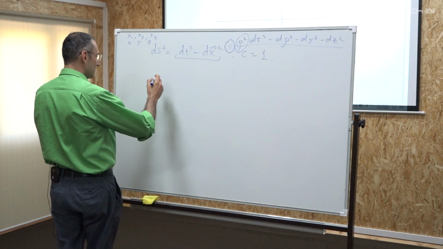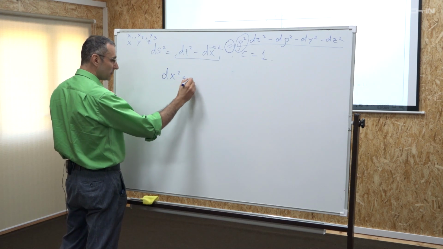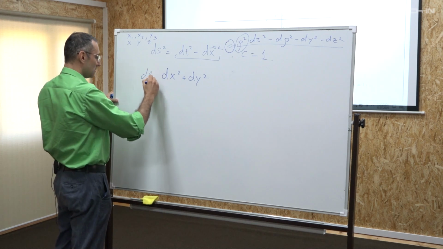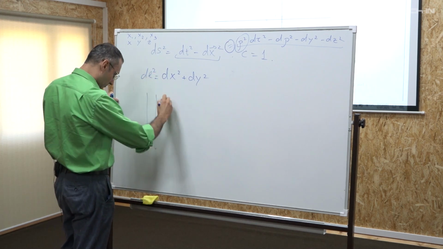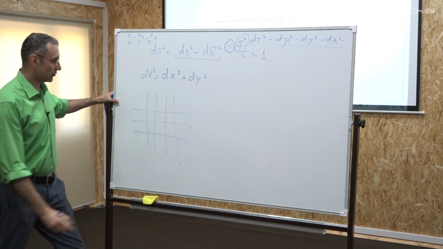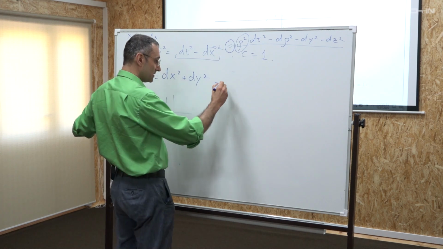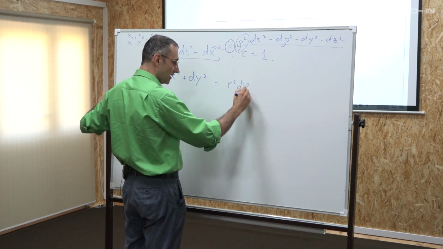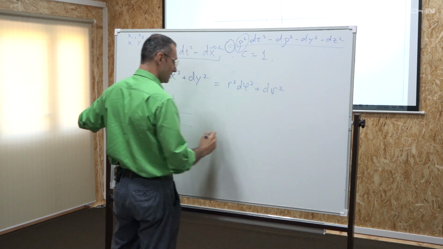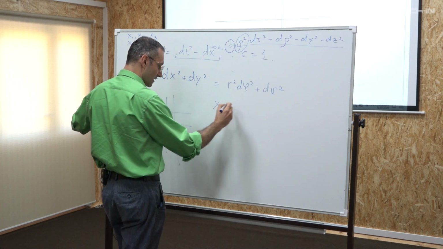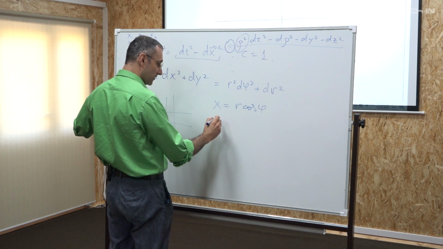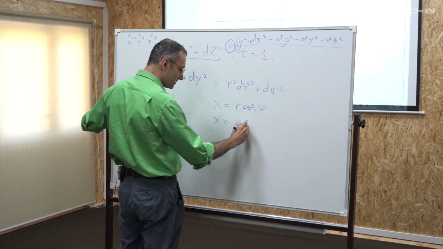You actually know, for example, recall what we learned at school. These are Cartesian 2-dimensional coordinates. Cartesian 2-dimensional coordinates have these lines of constant x and y. Now you can change to polar coordinates, r squared d phi squared plus dr squared, which you can achieve by doing x equals r cosine phi and y equals r sine phi.